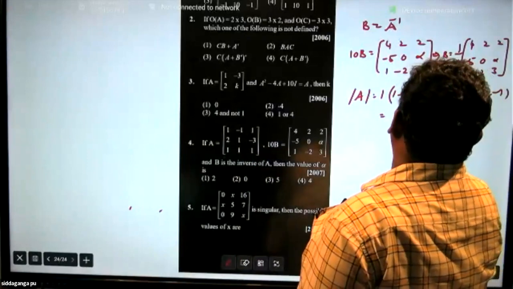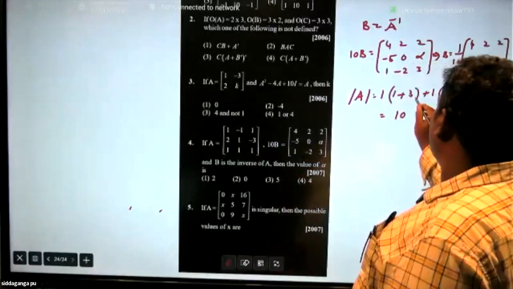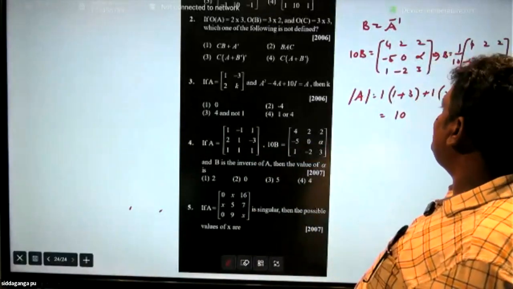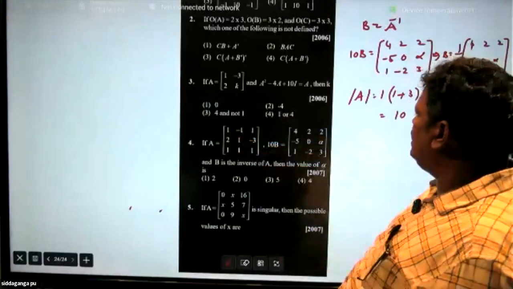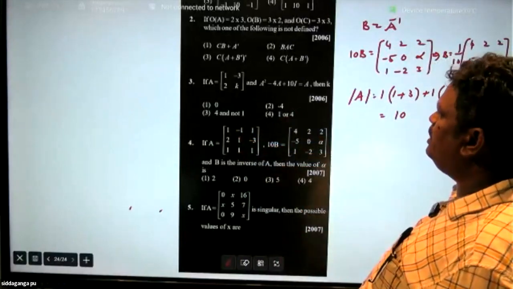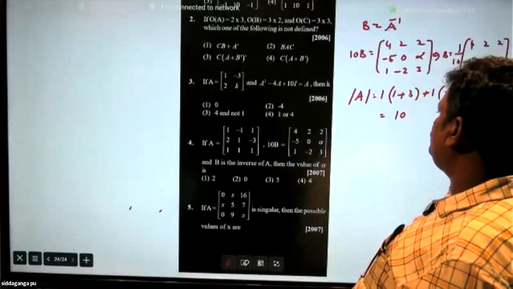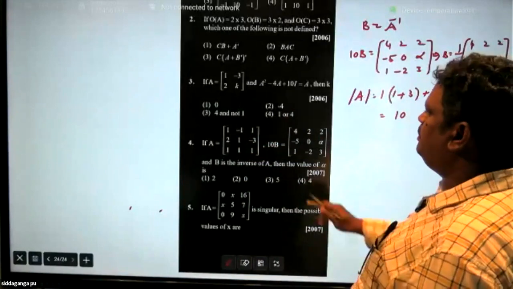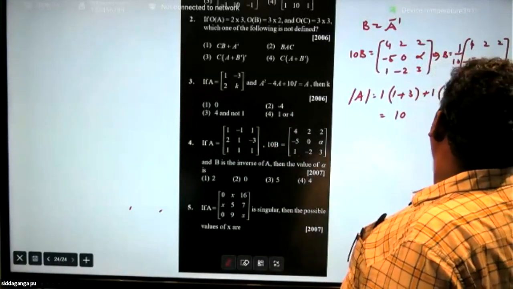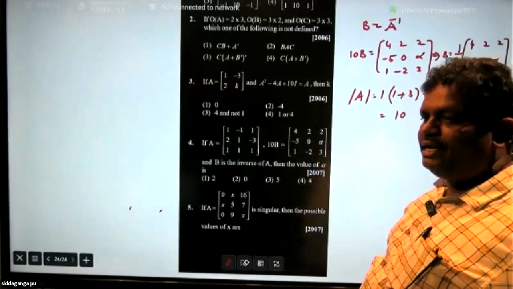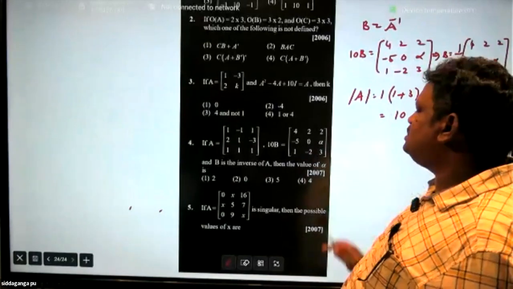Now calculate this value. Here 4, here 6, 6 plus 3. Here 1 into 1 plus 3, 4 value there. Next minus into minus 1 into 2, minus into minus, plus 2 plus 3. So this value 5, this value 4 and this value 1. If you are getting 10, okay? So this is the det A value.